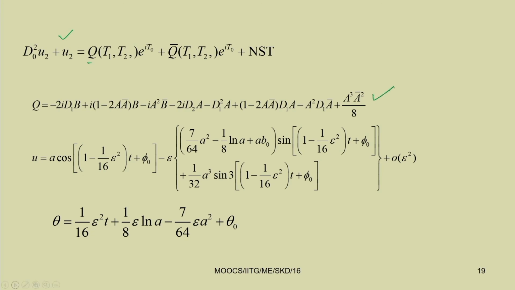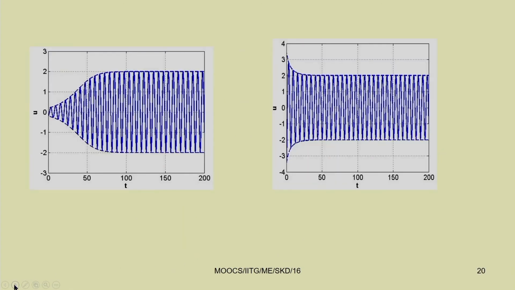Now, by substituting again a equal to half a e to the power iβ, we can get this expression for u in this form, where θ equal to 1 by 16 ε² t plus 1 by 8 ε ln a minus 7 by 64 ε a² plus θ0. In this way you can write, and then you can plot this expression. So, u versus t, you can find the response in this case.